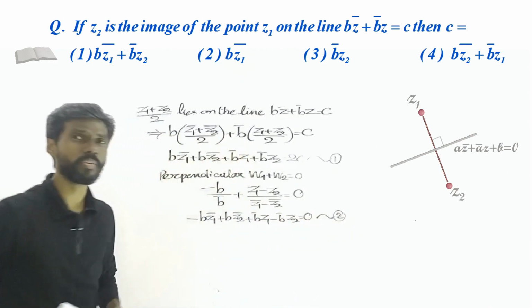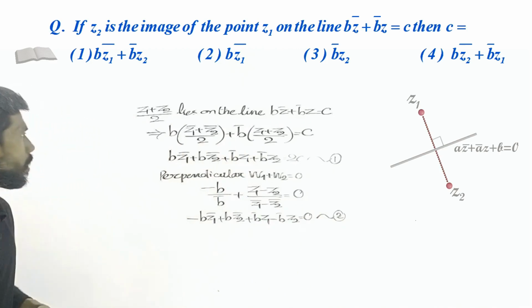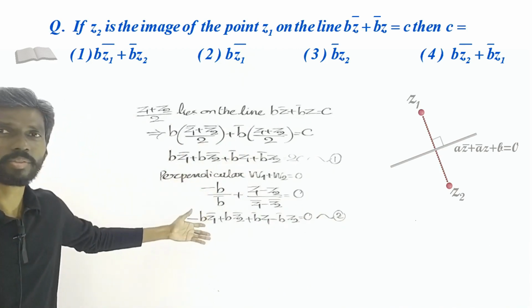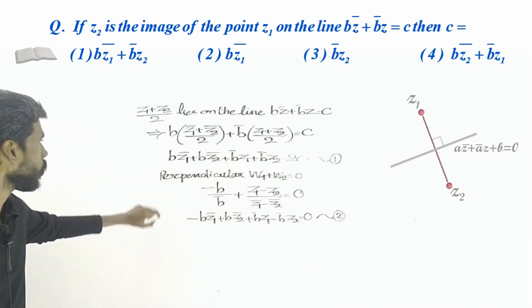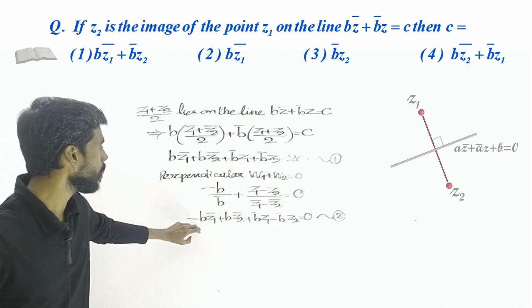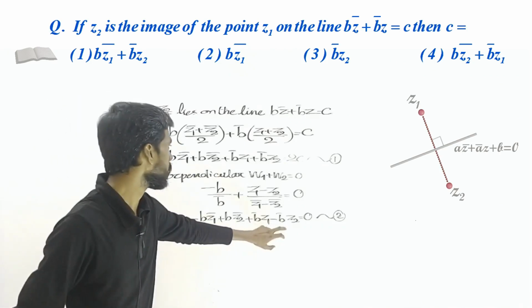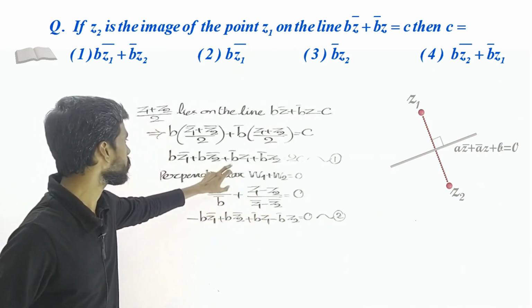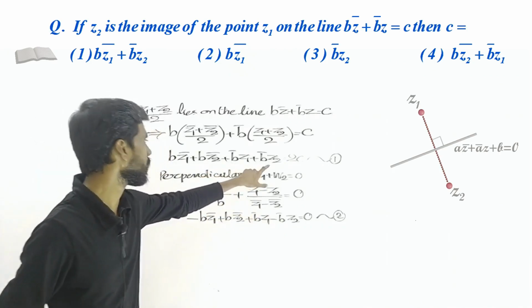Now we've got two equations, and we have to solve them. So what can we do? If you add these two, b z1 bar gets cancelled with minus b z1 bar, and similarly b bar z2 with minus b bar z2, so that also gets cancelled.